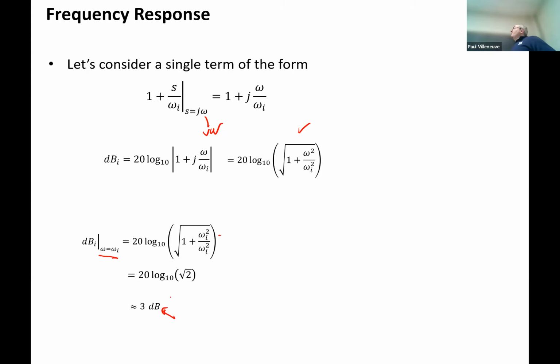So another term for our half power frequency or break frequency is the 3 dB point. When the output is 3 dB above or below the input, that's when we have our 3 dB. We will use this a lot because it really helps define what our plots are going to look like.